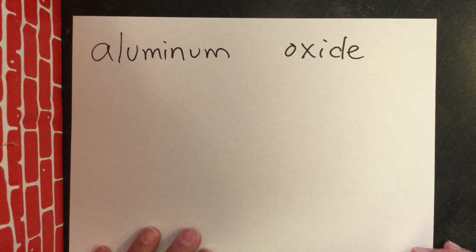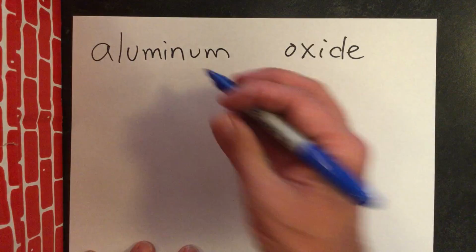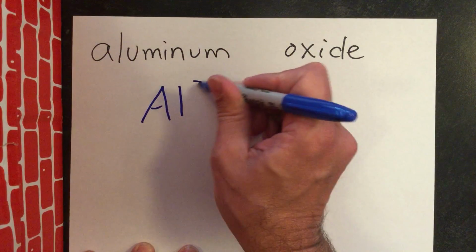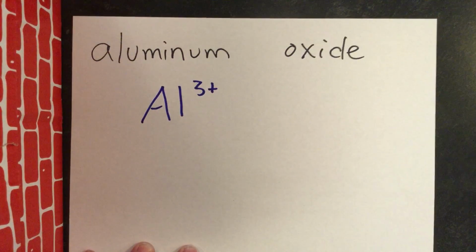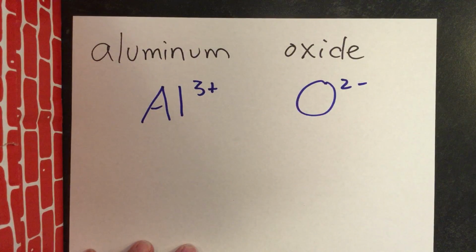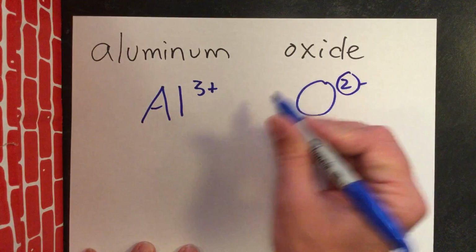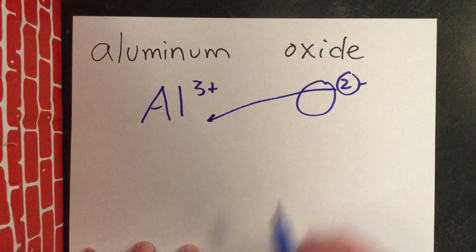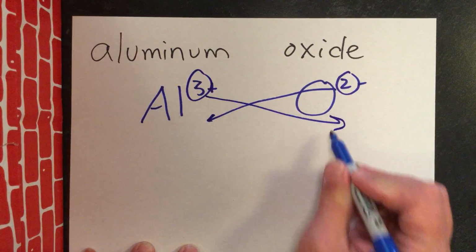Okay, it's aluminum oxide. Okay, good old aluminum. Periodic table of ions. Al3+. Oxide, oxygen with a 2 minus charge. Charges do not match. We've got 3 pluses. We've got 2 minuses. Crisscross. I'm taking that 2. I'm bringing it down here. I'm taking that 3. I'm bringing it down here.